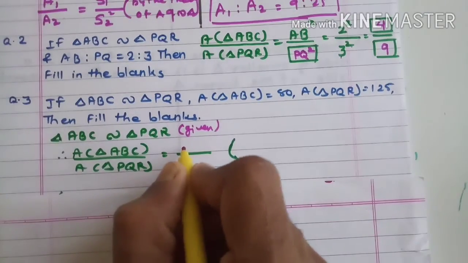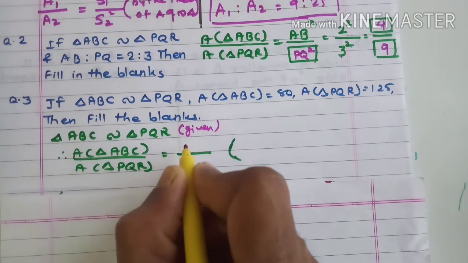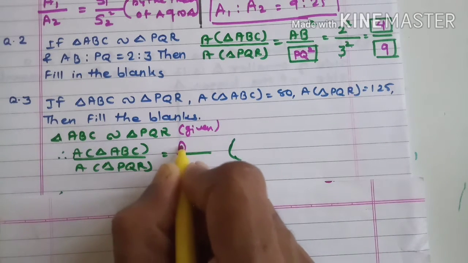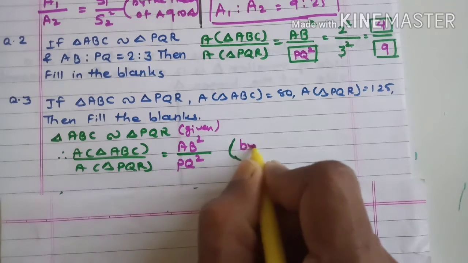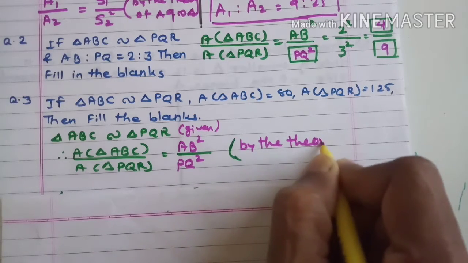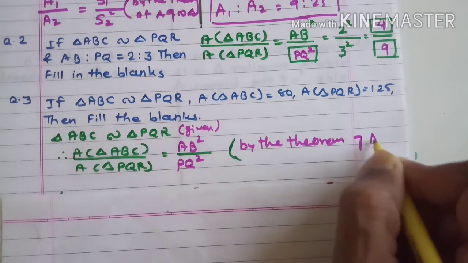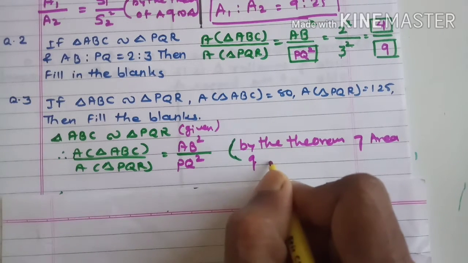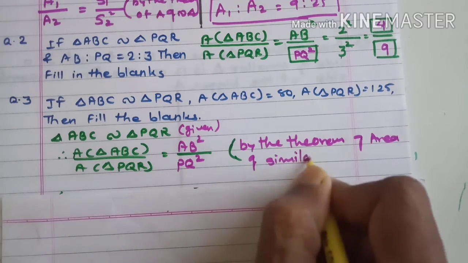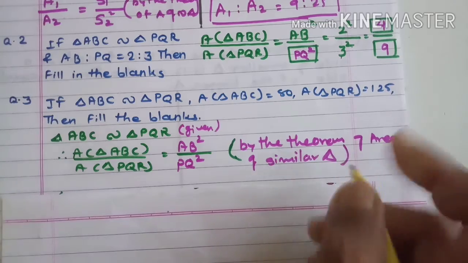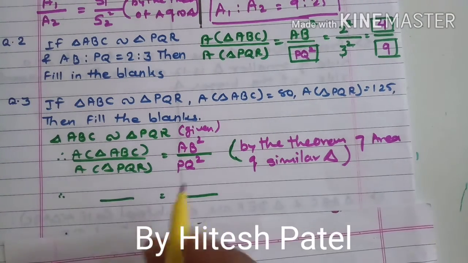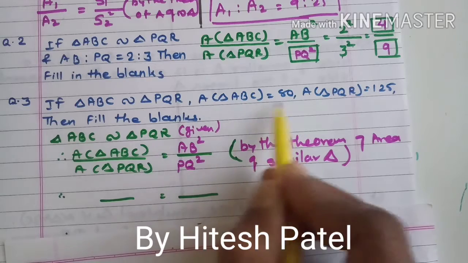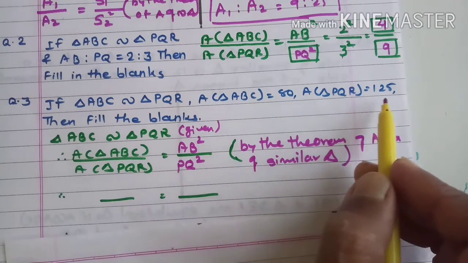So here area upon area is AB square upon PQ square by the theorem of area of similar triangles. Now see, they have given the area of triangle ABC is 80 and area of triangle PQR is 125.